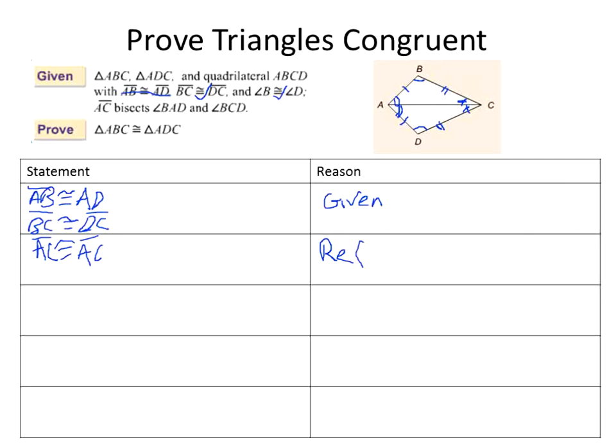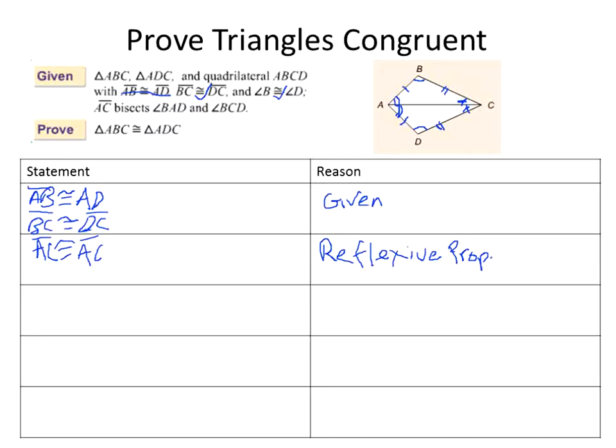So my reason that I can write that down is the reflexive property. So I'm going to write reflexive. Okay. So now we have all three sides congruent, which is what we need to prove that any polygon is congruent.